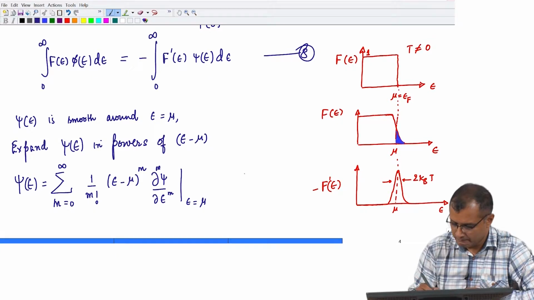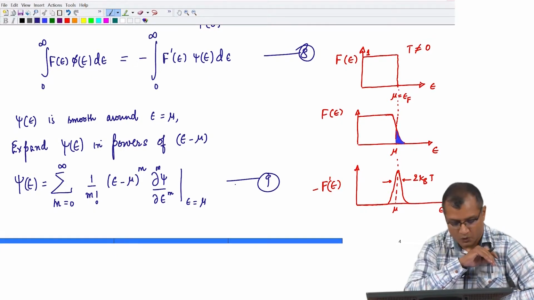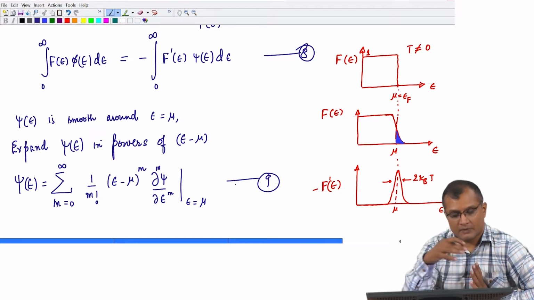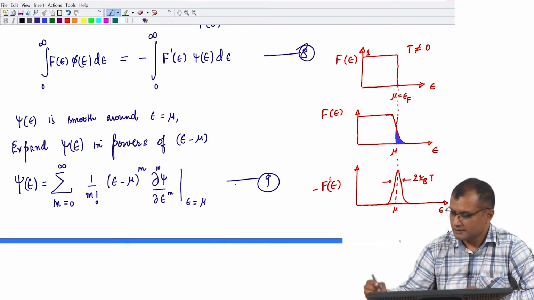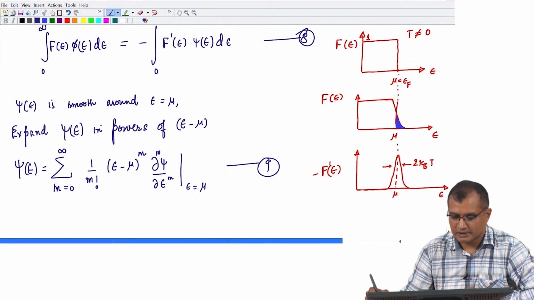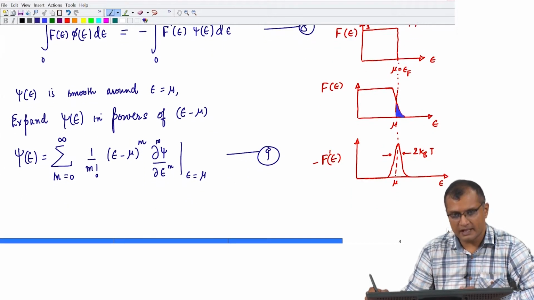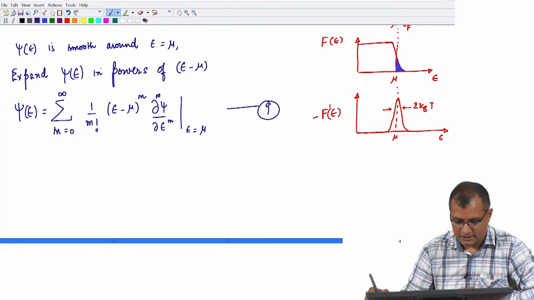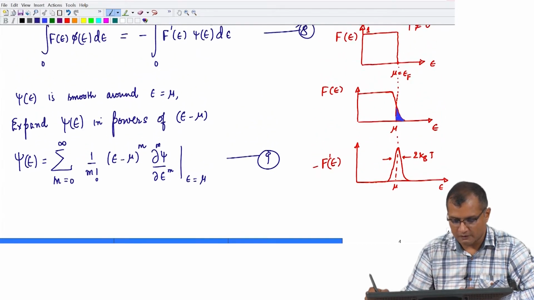Now, you can plug this so-called smooth behavior of psi in equation 8 and try to solve it. This is the last step that is required, and the smoothness of psi helps us to solve equation 8.